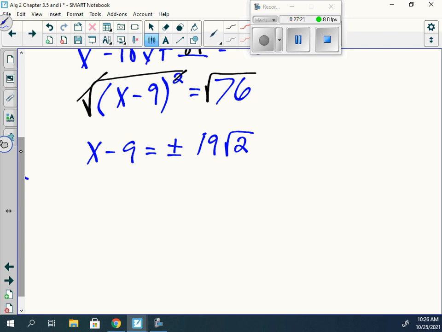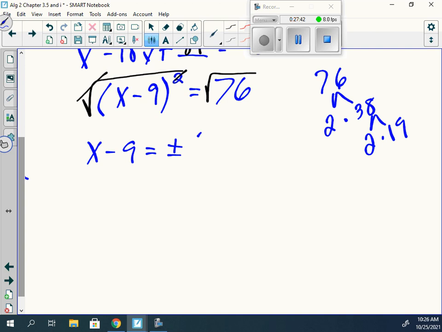That seems a little big. Because 76 is, because 2 goes into it, 38, which is, I see what you're saying. I have it backwards. 2 squared to 19? Yeah.